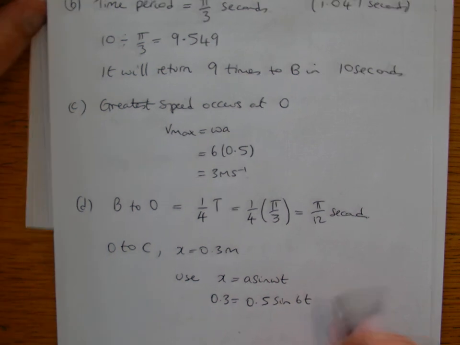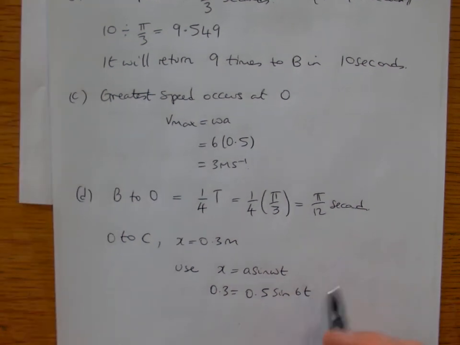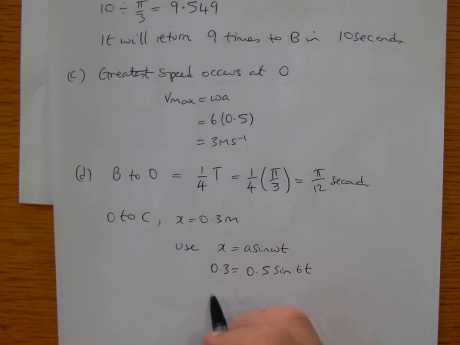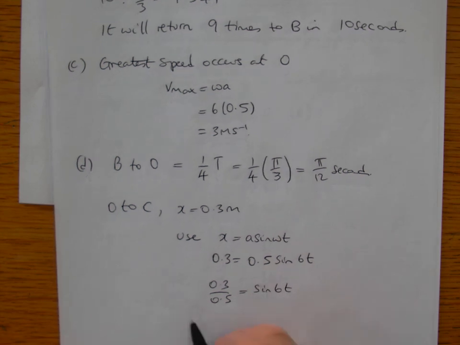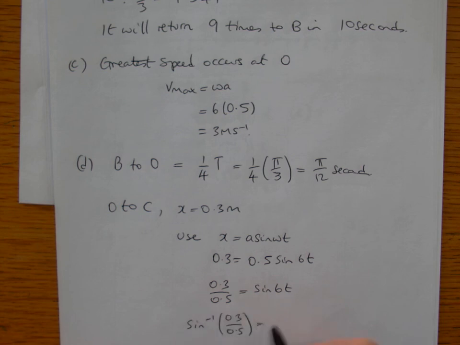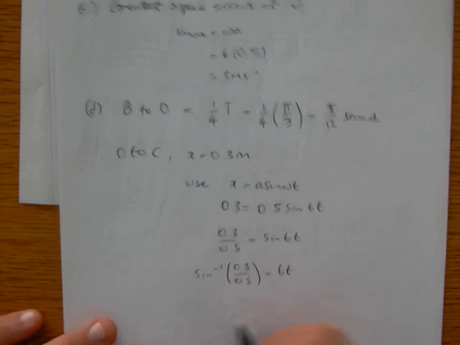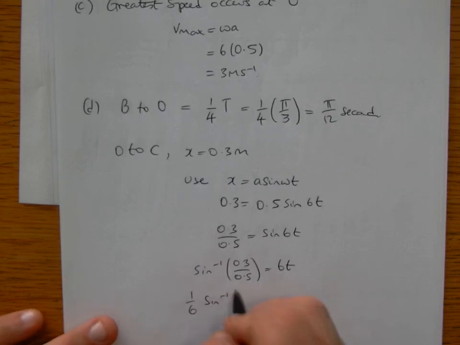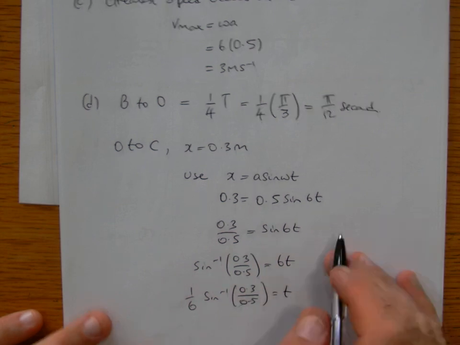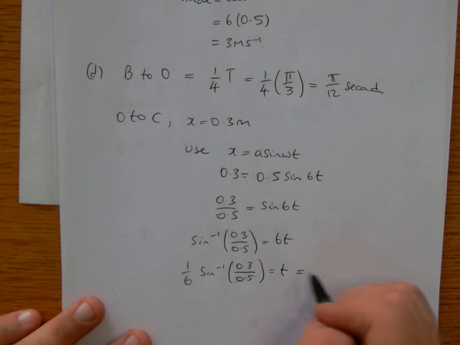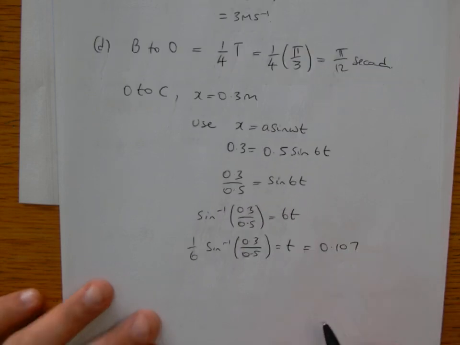So then we just do a little bit of rearranging. 0.3 divided by 0.5 is equal to sine 6t. Take the inverse sine, so sine to the minus 1 of 0.3 divided by 0.5 is equal to 6t. And then take the 6 over, so it'll be 1/6 of that, equals t.